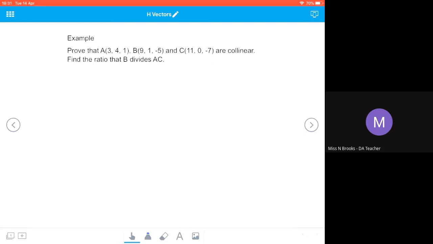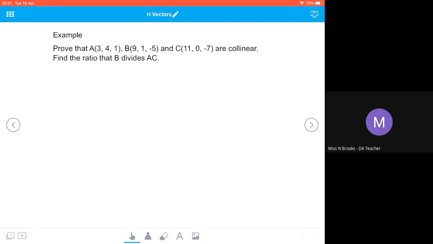So let's have a look at an example. We're going to prove that the coordinates A, B, and C are collinear, finding the ratio that B divides AC in. So A is the coordinate 3, 4, 1, so we would know that it has the position vector (3, 4, 1).